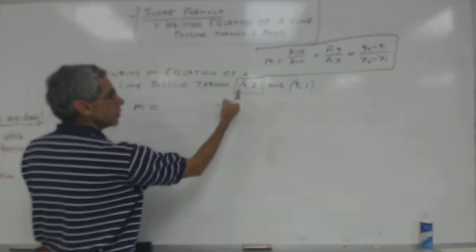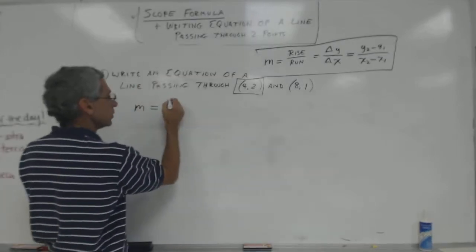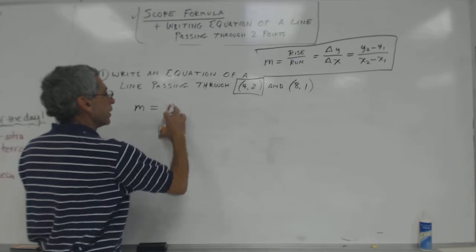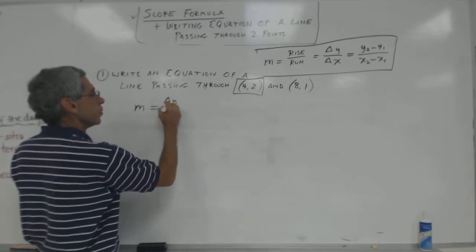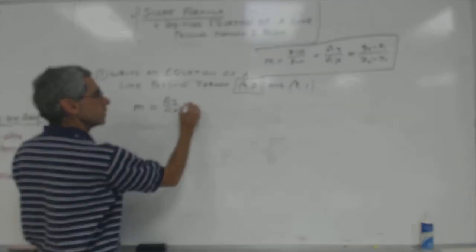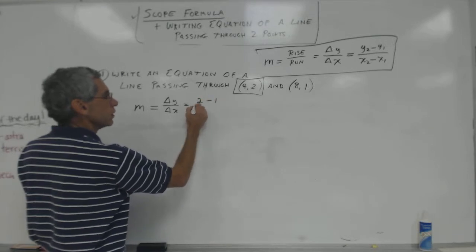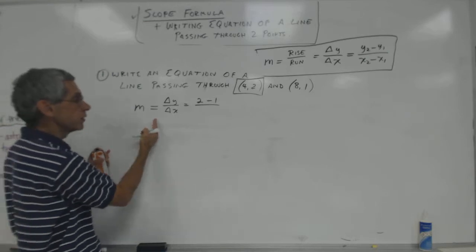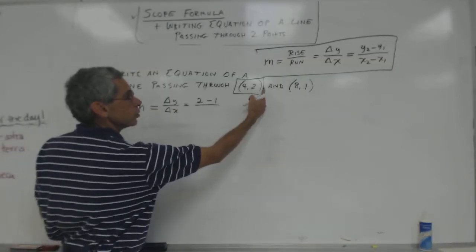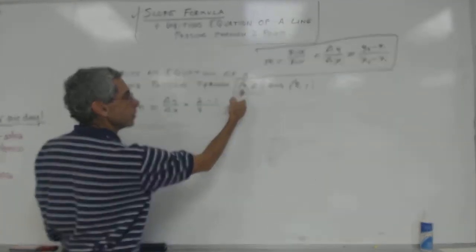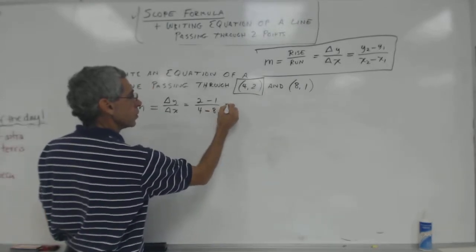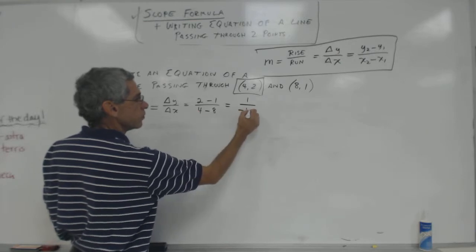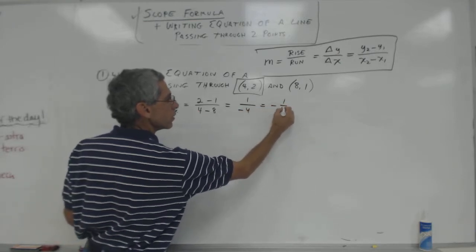M is equal to change in y over the change in x, which is 2 minus 1 over 4 minus 8. I expect this every time. Change in y over change in x, okay? I want to see that because I want you to know it really well. So my slope is, 2 minus 1 is 1. 4 minus 8 is negative 4, so it's negative 1/4.